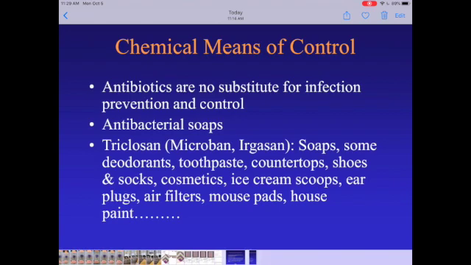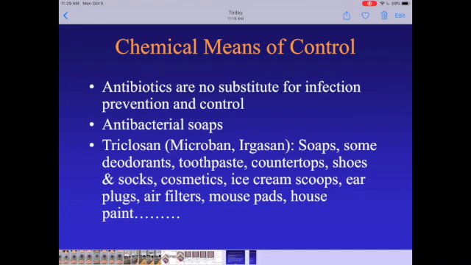So we don't use that stuff anymore. And I have up here, antibiotics, no substitute for infection prevention and control. So we will talk about antibiotics and antibiotic resistance a little later on.